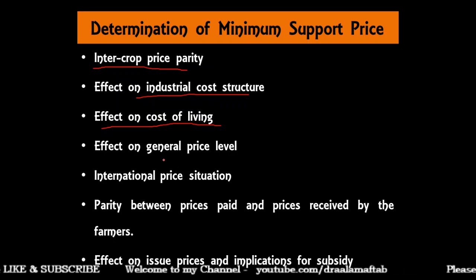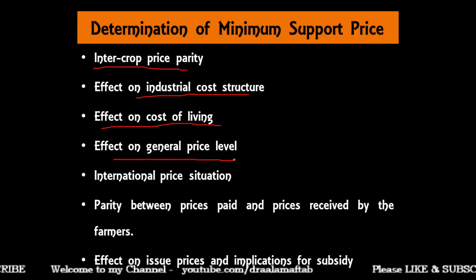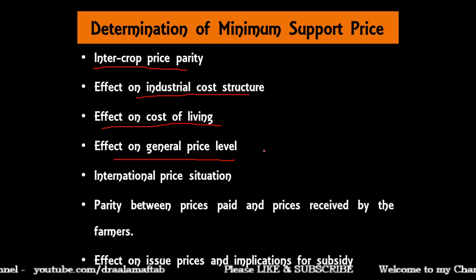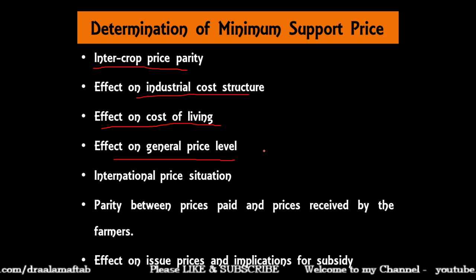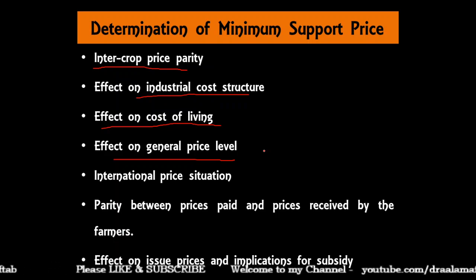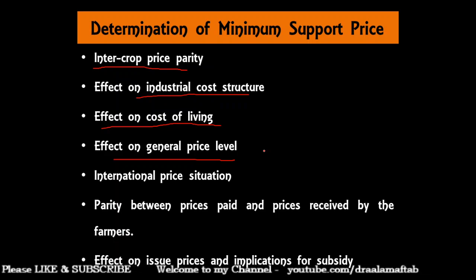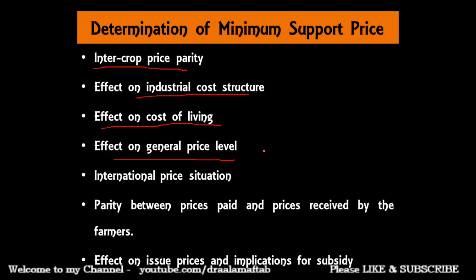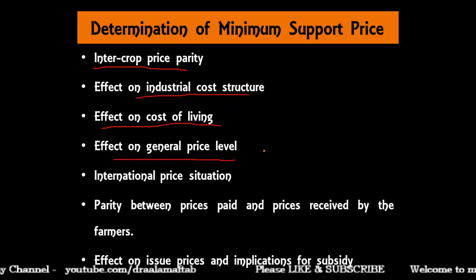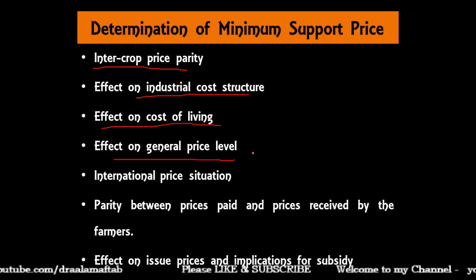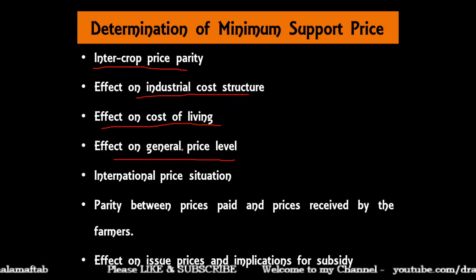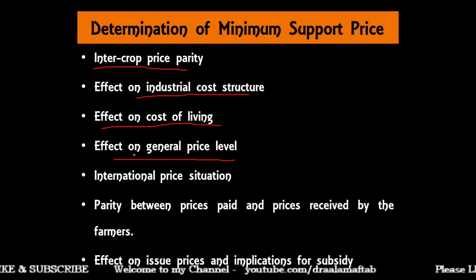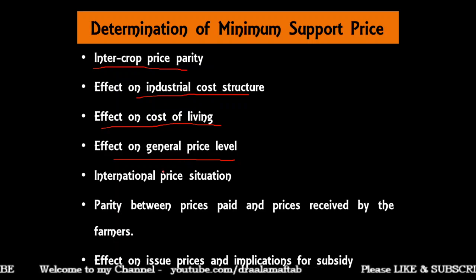Next comes the effect on the general price level, how food grain prices in totality affect the general price level in the economy, because food grain is one of the significant components in the basket of the general price level. So the MSP impacts the general price level that way. So CACP considers the effect of MSP declaration on the general price level as well.